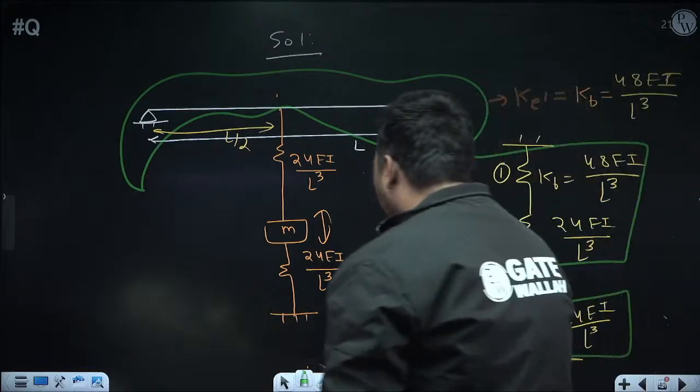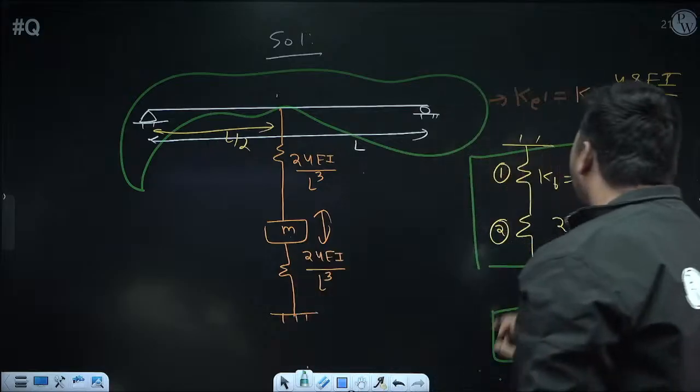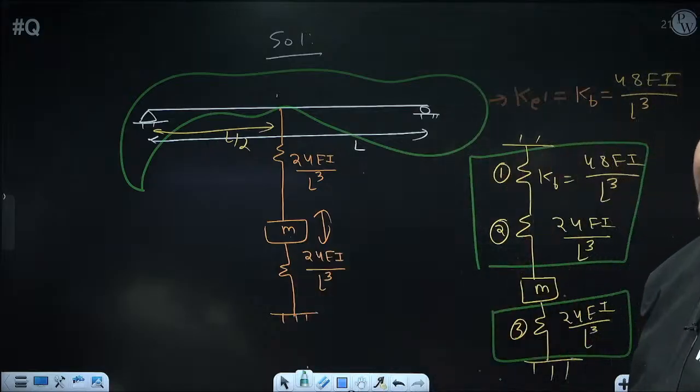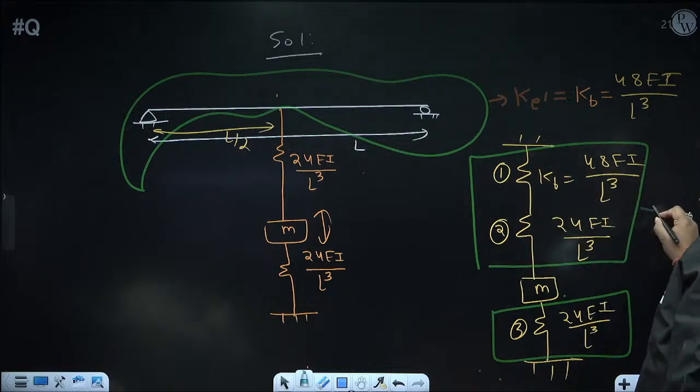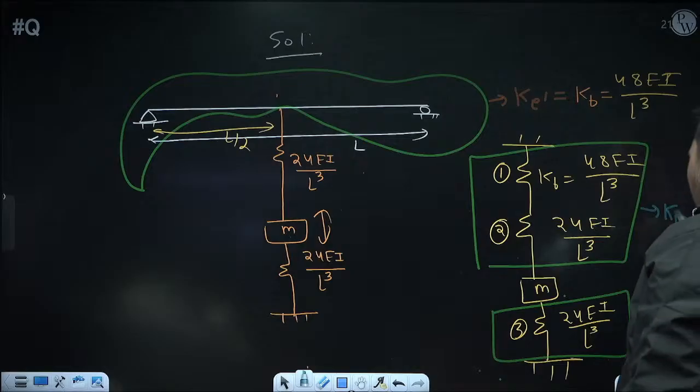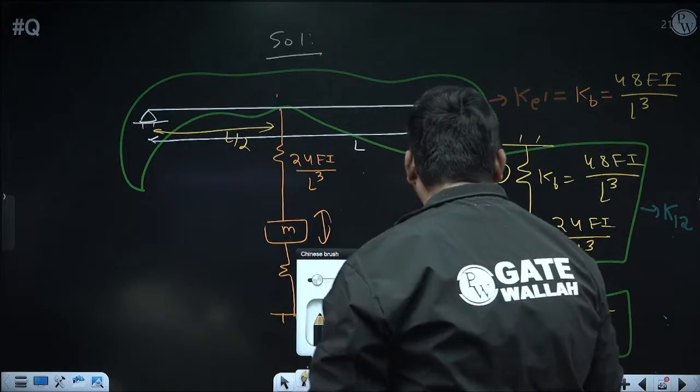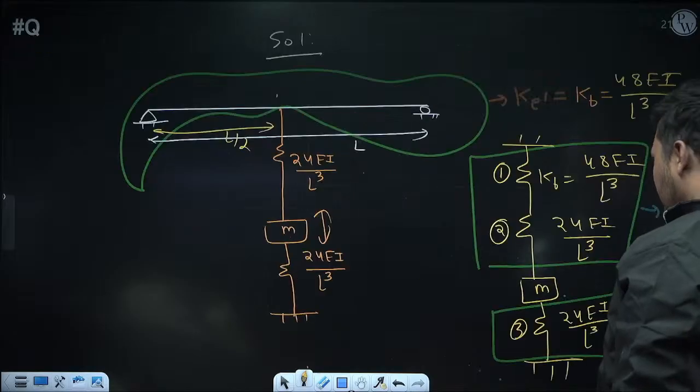And in this side portion, 1 and 2 are making end-to-end connection. So can I say they are in series? So by using series formula, we can calculate their equivalent. And since I am referring this as 1, this as 2, their equivalent will be K12. So first I am calculating K12. And how we can calculate K12?